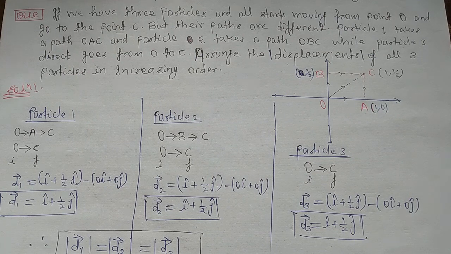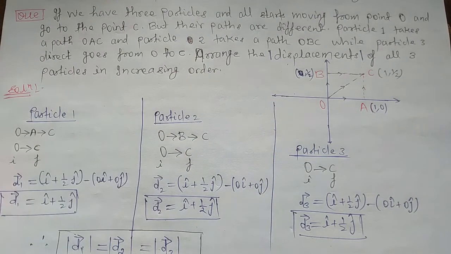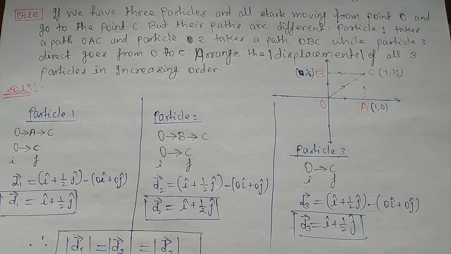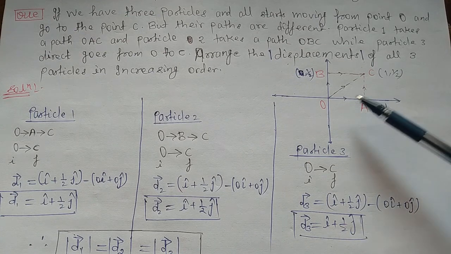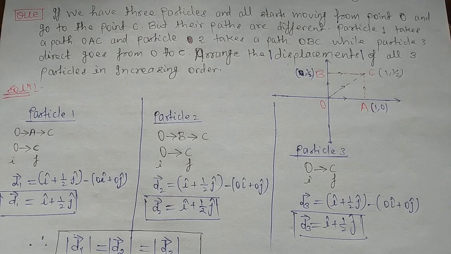So we have to arrange the magnitudes of displacement of all 3 particles, which take different paths to cover the distance from O to C. First we talk about particle 1. It takes the path OAC, that means O to A, then A to C. So we have to find the displacement.